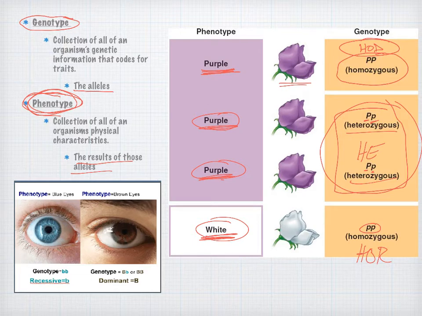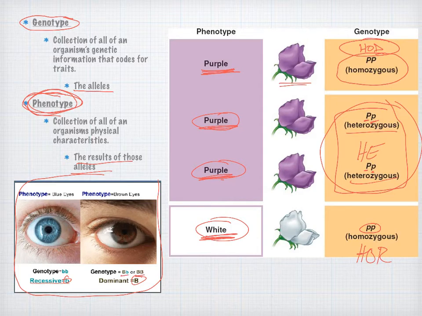In humans, they're showing this just for a brief example, but brown eyes are dominant to blue eyes. Human physical characteristics are inherited a little bit differently than something as simple as this, but for this purpose, brown eyes are dominant to blue. So the genotype for a brown-eyed person would be heterozygous or homozygous dominant.